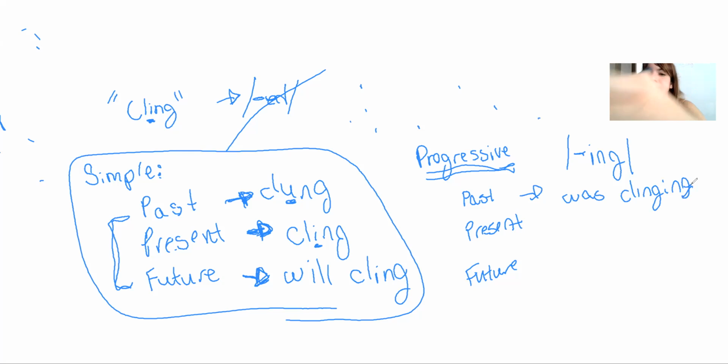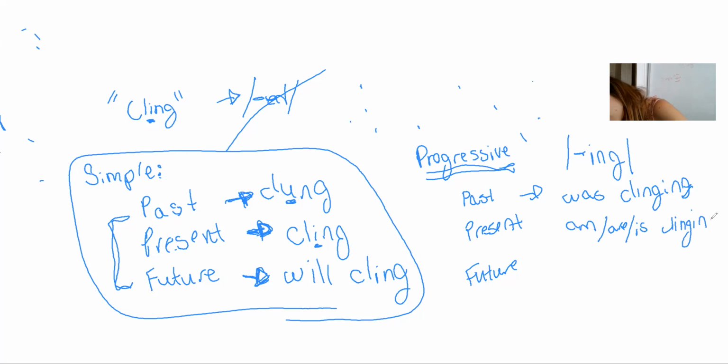Present: I am, or you are, he, she is clinging. Future: I will be clinging.